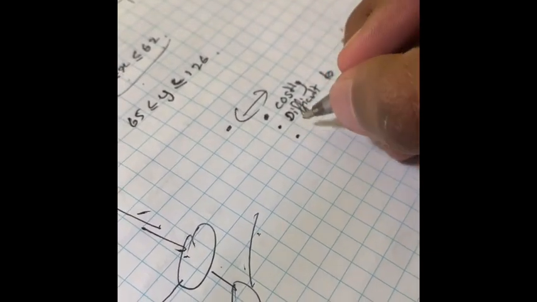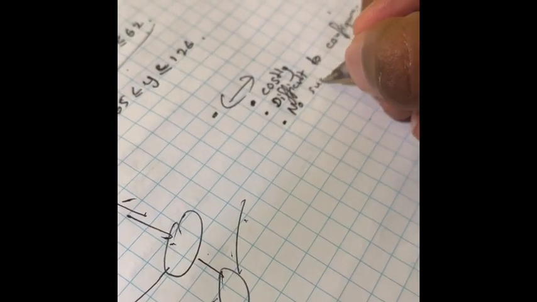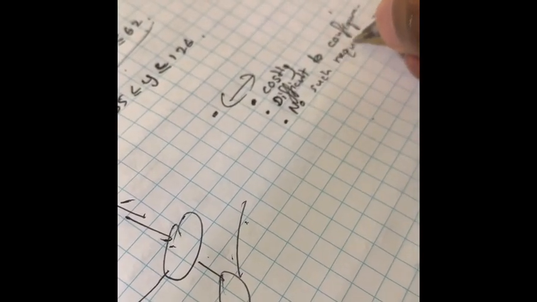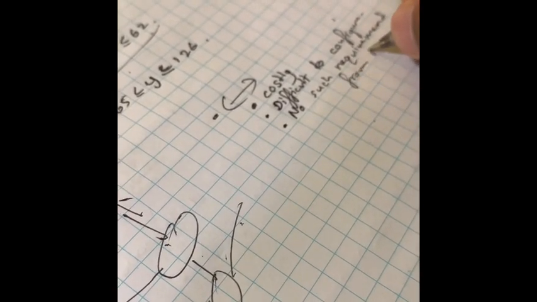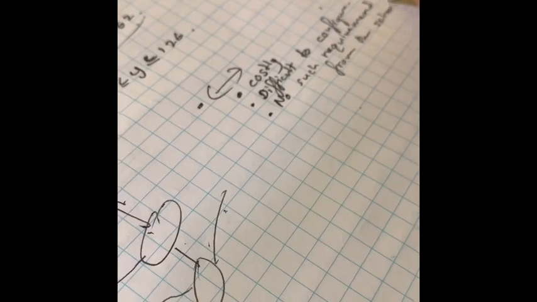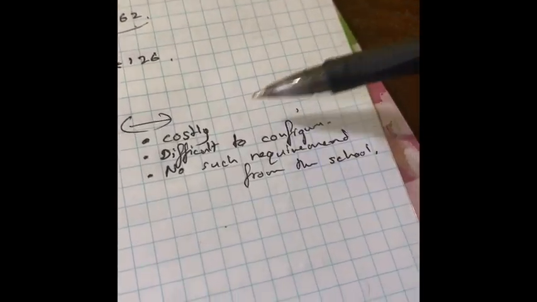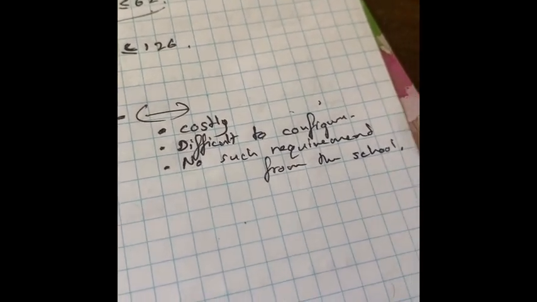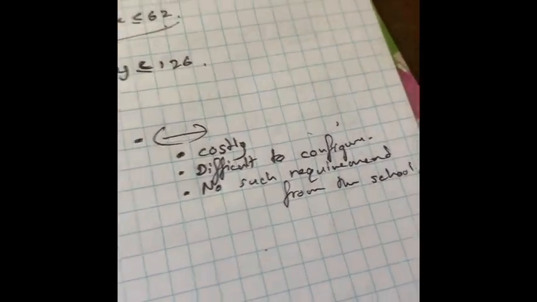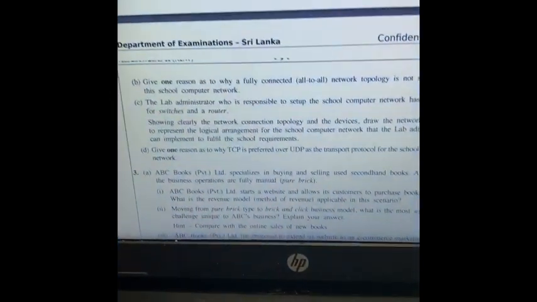So no such requirement from the school. Okay, so each one of these three answers will be enough for question number B.